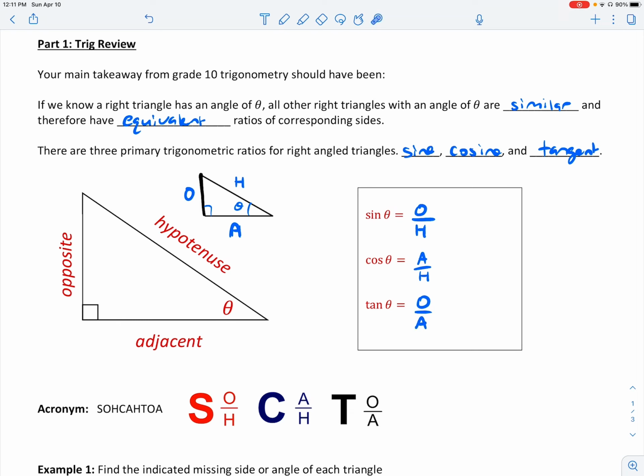What this means is these 3 primary trig ratios are going to be true for any right angle triangle that has this angle theta. Doesn't matter how big or how small, if it has an angle theta, it's going to have this trig ratio. And if the angles are the same, they're going to have the same ratio.